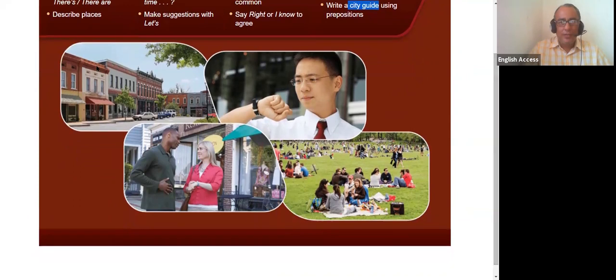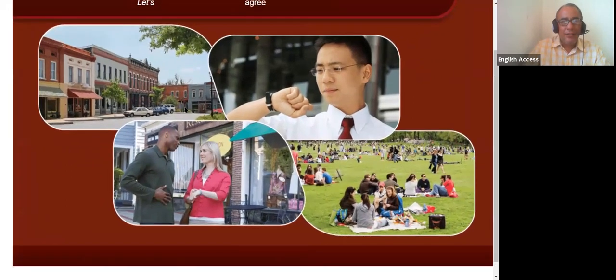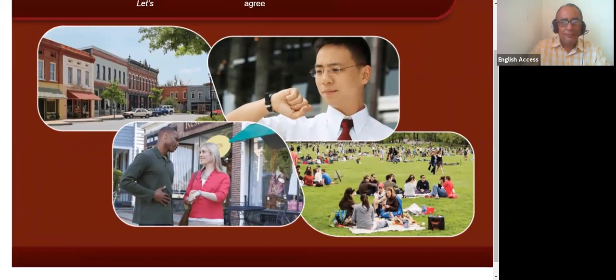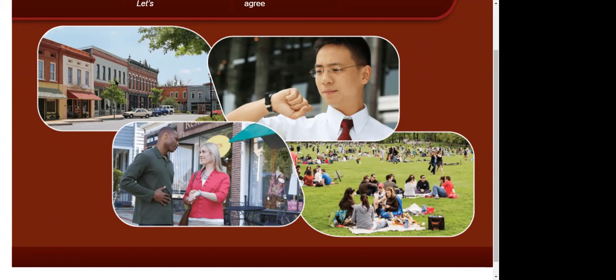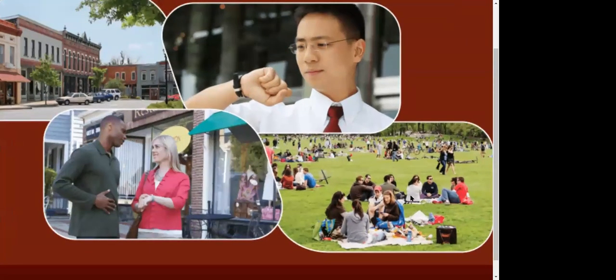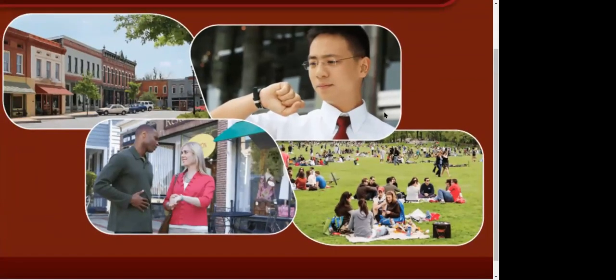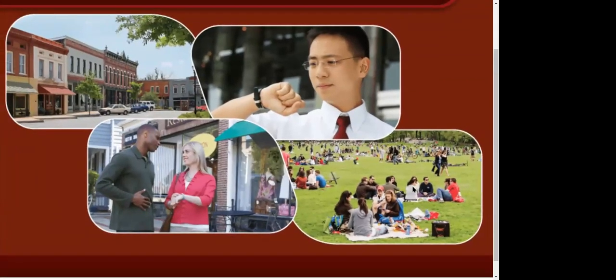What can you see? What kind of places are these? This one here. Where are they? What is behind them? ¿Qué está detrás de ellos?